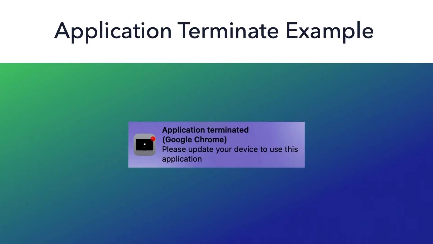But another thing I really liked about user experience design was having insight into the system. So giving the user, hey, what's happening in this system? What I like about this little prompt is it tells you exactly what's going on: hey, this application closed, and it's because you didn't update. The person might not see it the first time, but I guarantee if you tell them, they'll look for it in the future.